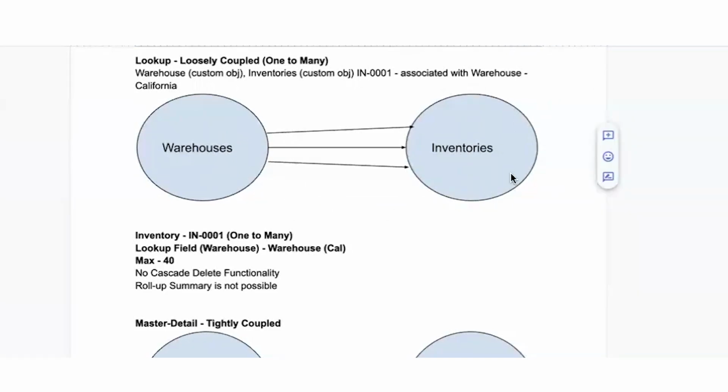Why? Because they want to track related information that, hey, if it's inventory IN001, inventory 1, where is it stored? In which warehouse is it stored? In order to capture that information, you have to create the relationship between the data tables, right?